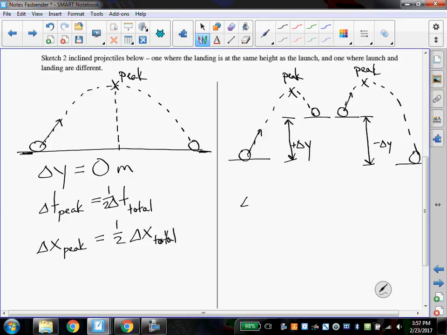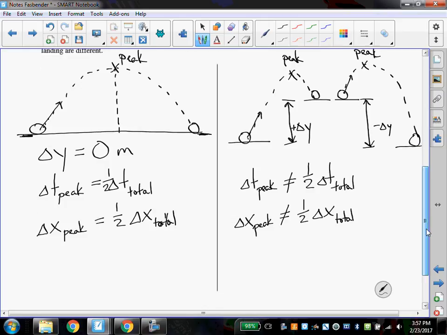So the time it takes to get to the peak is no longer half of our total time. The time to get to the peak could be in the first half of the motion, or in the second half. Same thing with where that peak occurs: it is skewed, no longer right in the middle of the total motion. That's something to keep in mind.